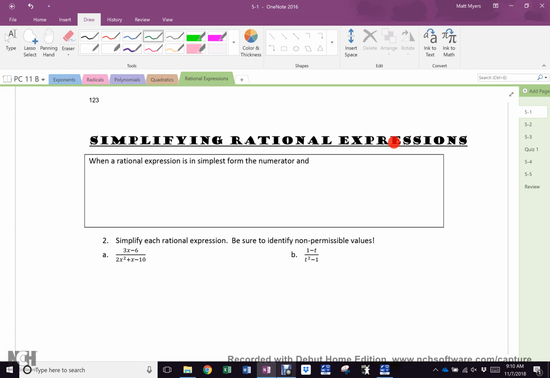So, if a bunch of rules exist for fractions, do those rules exist for everything else that is a fraction? Yes. Fractions are rational expressions. So that means all the rules for fractions apply here.